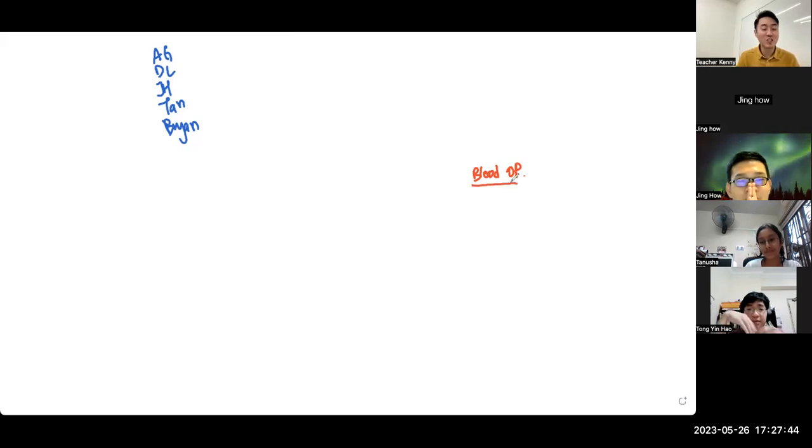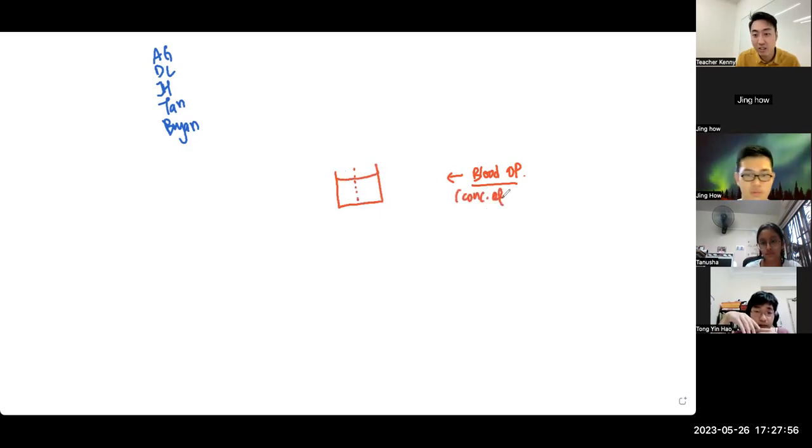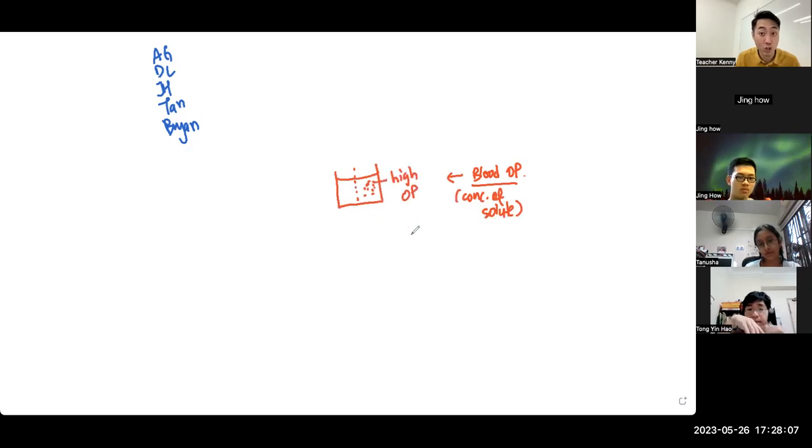Osmotic pressure relates to the concentration of solute. So if this area has more salt or sugar, we say it has high osmotic pressure. This one has less solute, less salt, we say it has low OP.